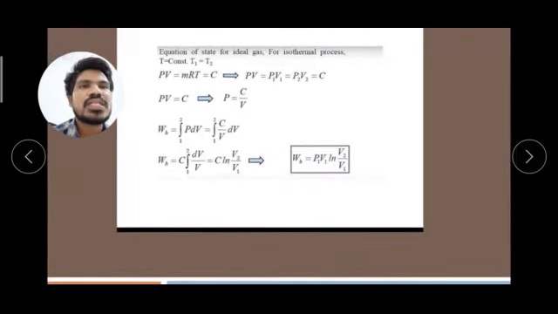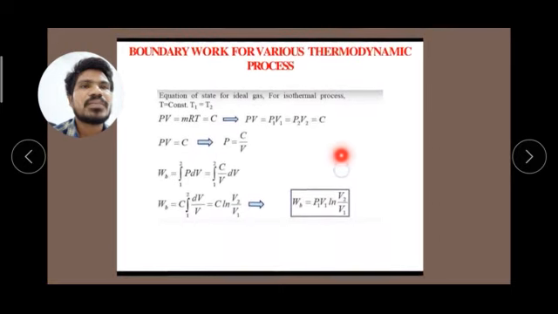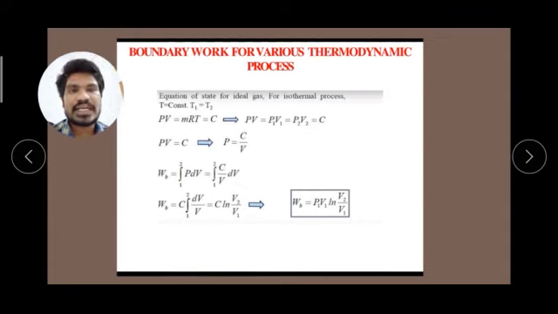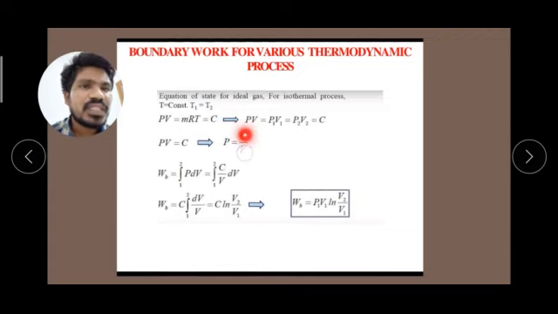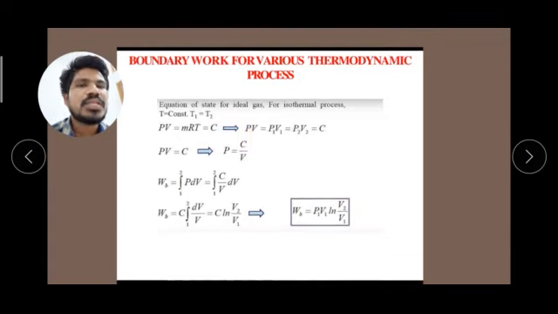Now here we see the equations for the isothermal process: T is equal to constant and T1 is equal to T2. We know the ideal gas equation PV is equal to mRT or nRT. So PV is equal to C, that is P1V1 is equal to P2V2 is equal to C. Then P is equal to C by V. We know that WB is equal to the integral from 1 to 2 of PdV, and we substitute P is equal to C by V in this equation.